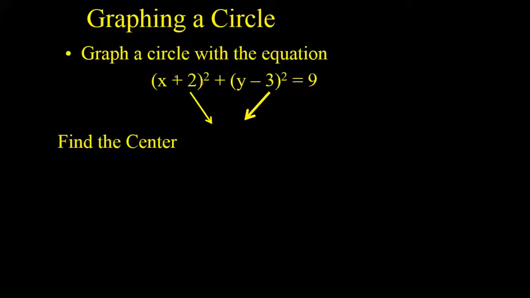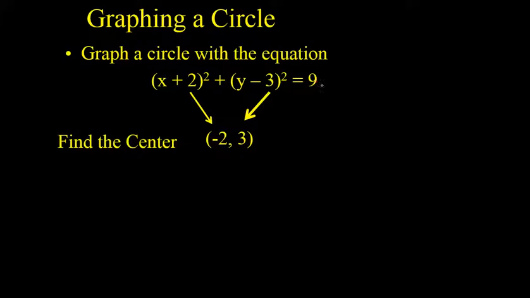So what did I subtract here to get a positive 2? I subtracted a negative 2. What did I subtract here to get a 3? I subtracted the 3. So you're basically just taking these numbers and switching the signs. Okay? And then my radius, this is radius squared, remember?